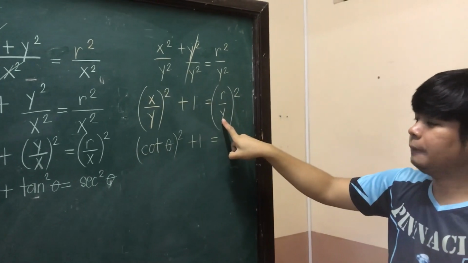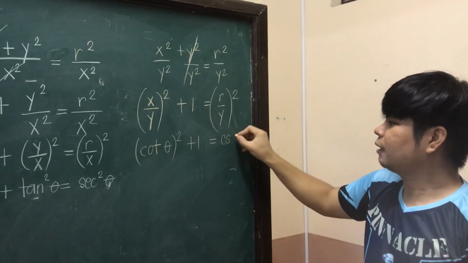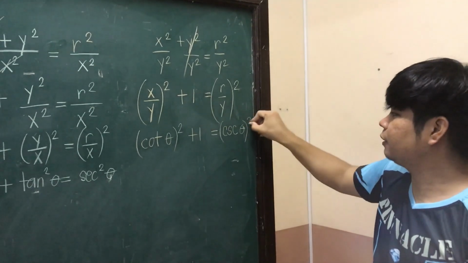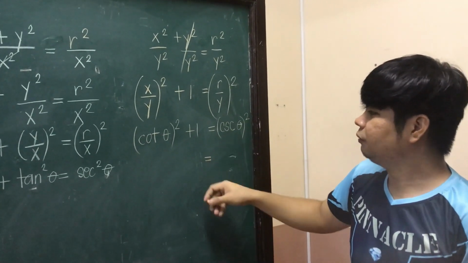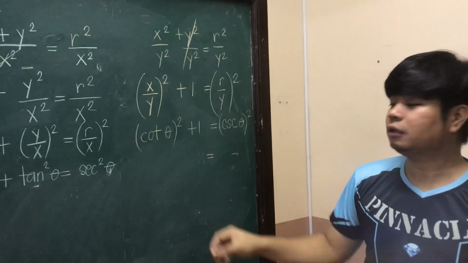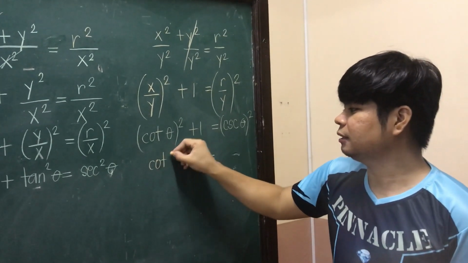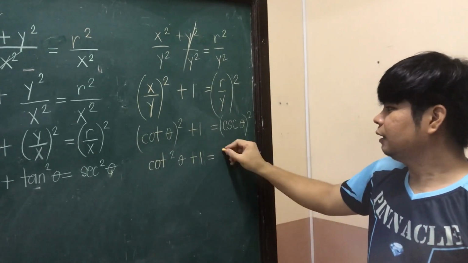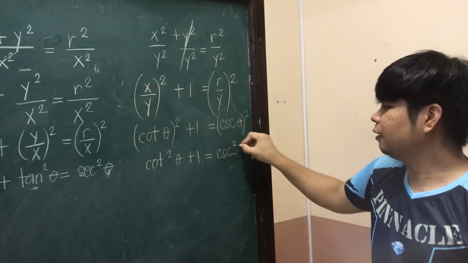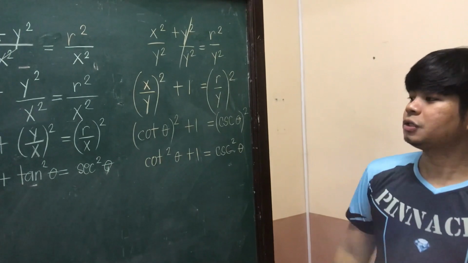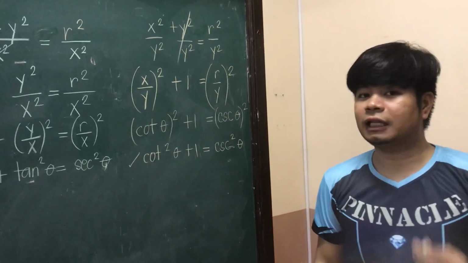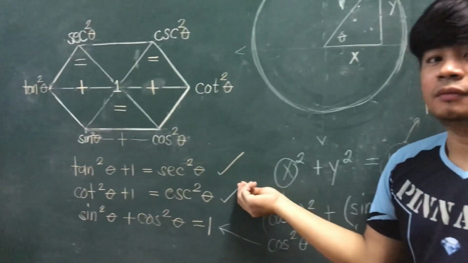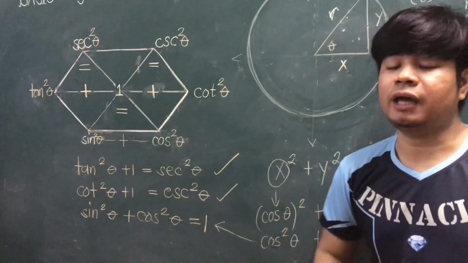R over y represents cosecant of any angle theta, and we square that. So we have cotangent squared theta plus 1 is equal to the square of cosecant theta. So the third Pythagorean identity is also derived the same way as we have here in the hexagon.